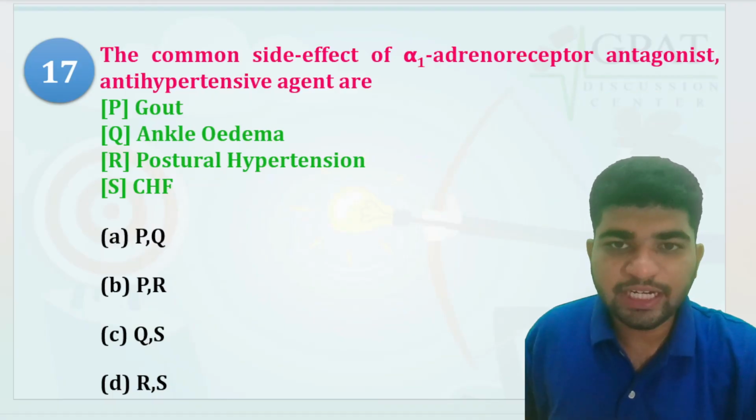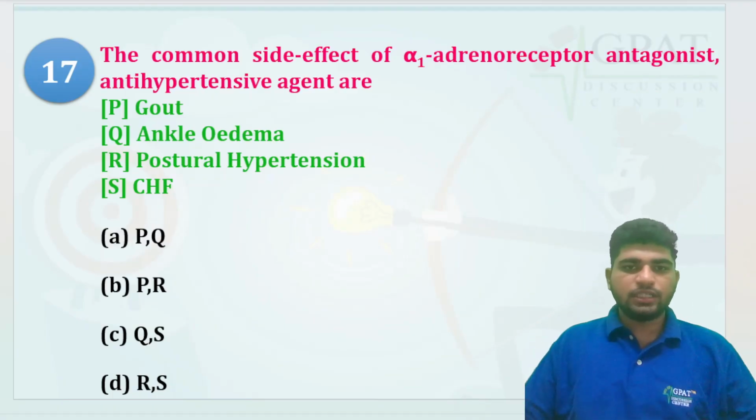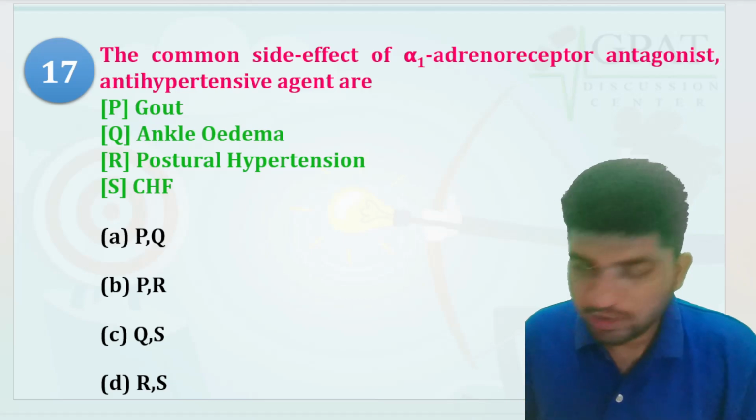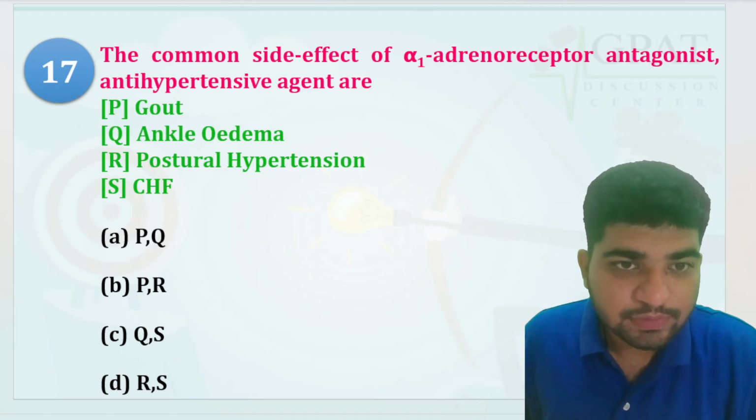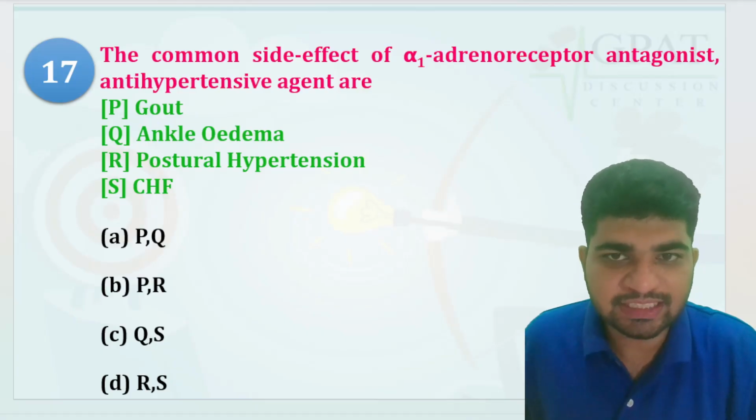The common side effects of alpha 1 adrenergic receptor antagonist antihypertensive agents are? Let me say the options for you. The first one is gout, ankle edema, postural hypotension, and CHF.